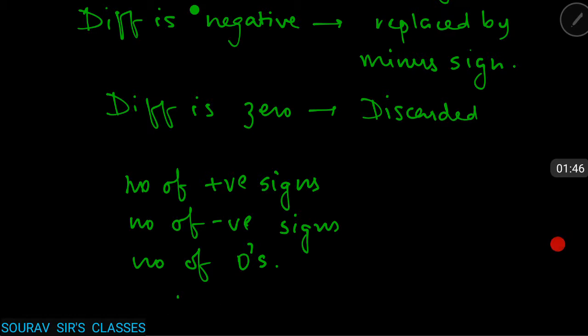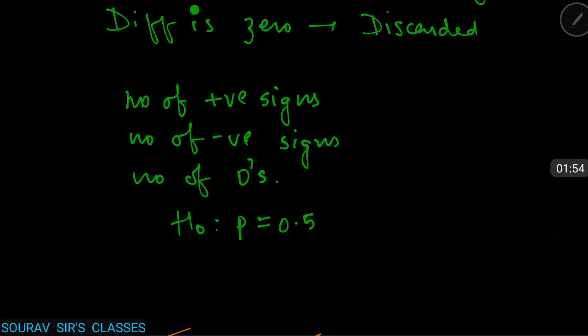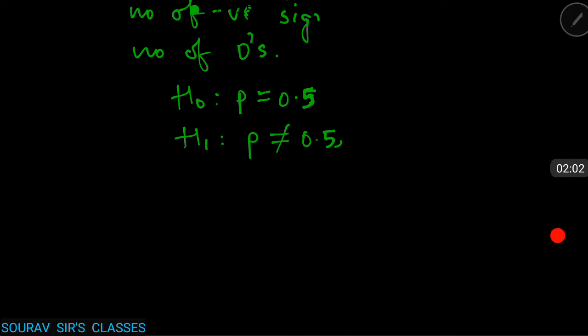Null hypothesis, H0, P is equal to 0.5, and alternative hypothesis, H1, P is not equal to 0.5. This is a case of two-tailed test.